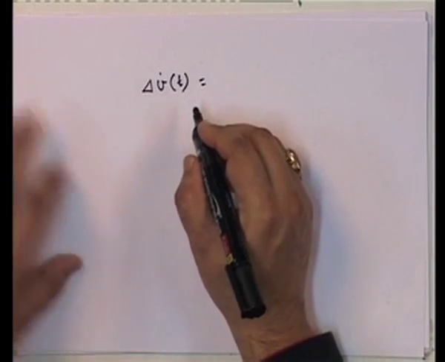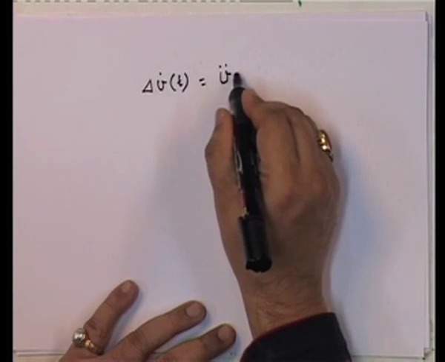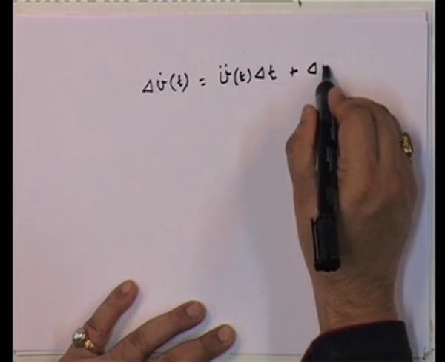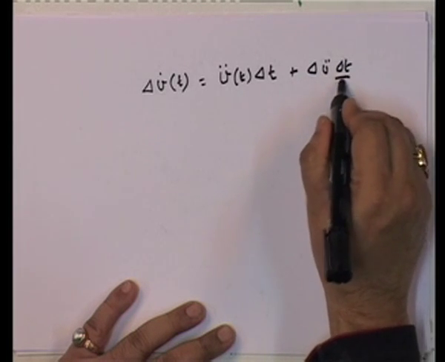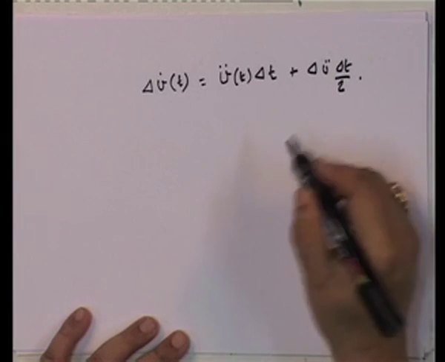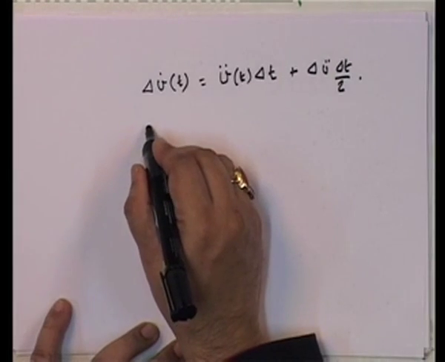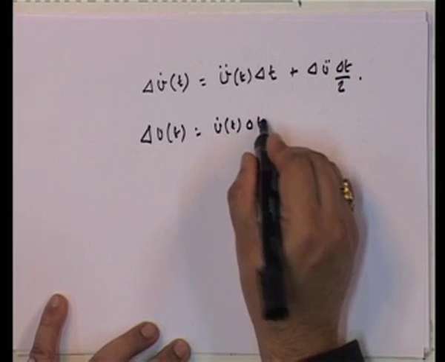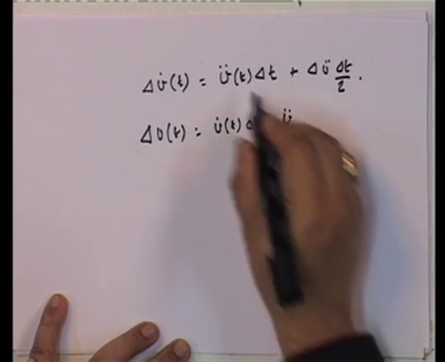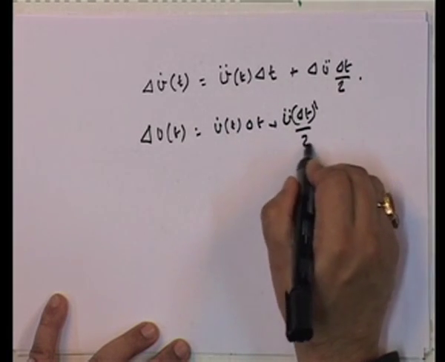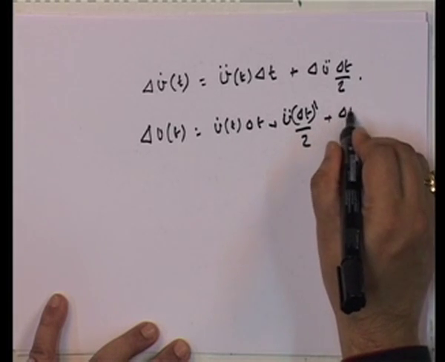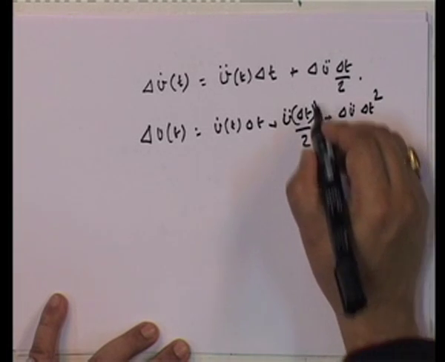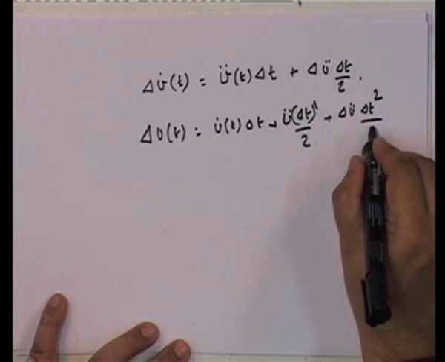Delta v basically becomes v at t plus delta t, and delta v becomes equal to v dot into delta t, plus v double dot into delta t squared upon 2, plus delta v double dot into delta t squared upon 6.